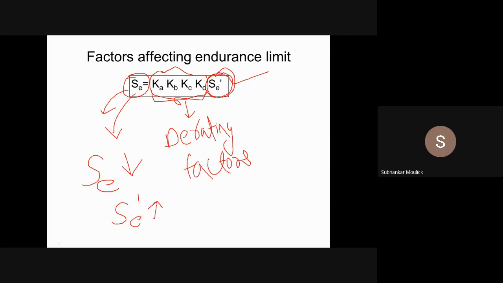Because SE dash is the endurance limit for an ideal specimen, and SE is the endurance limit for a real specimen. A real specimen has many flaws, many defects, many stress concentration regions. So definitely the endurance limit value will be a little bit less. How much less? For that you have to multiply the derating factors with the ideal endurance limit value that you obtain from the rotating beam fatigue testing machine. Is it okay?